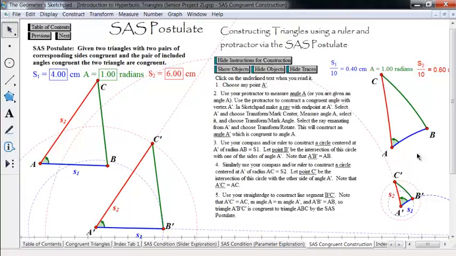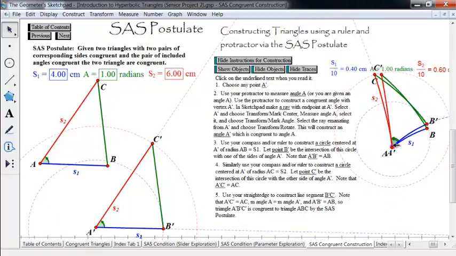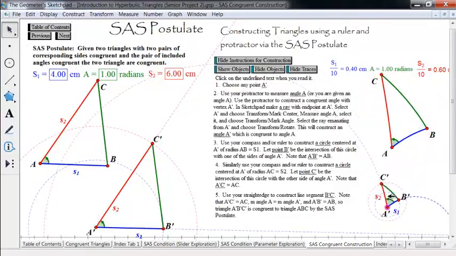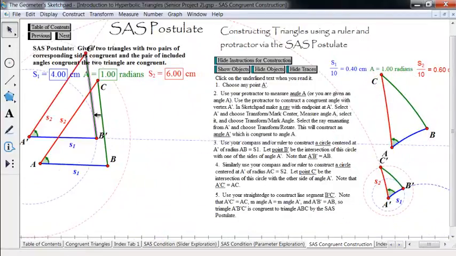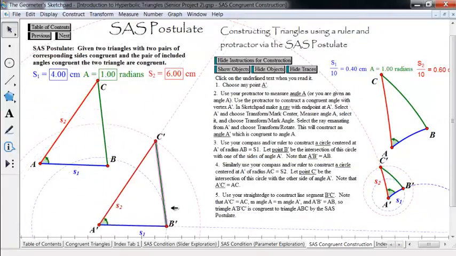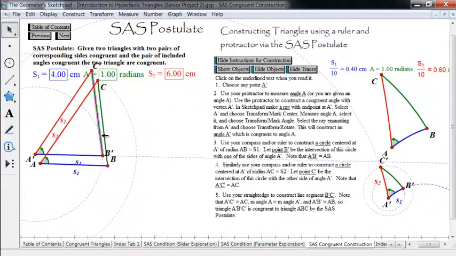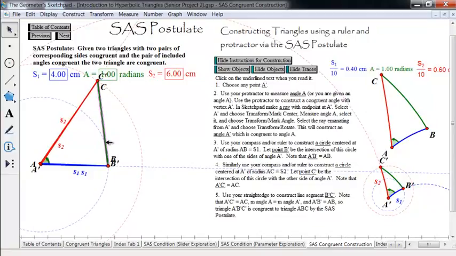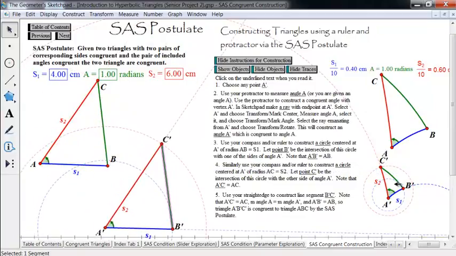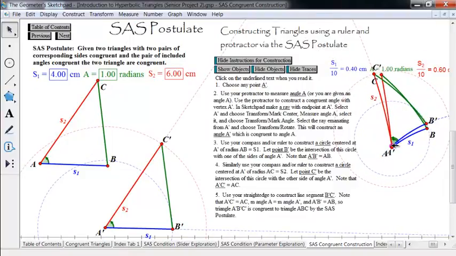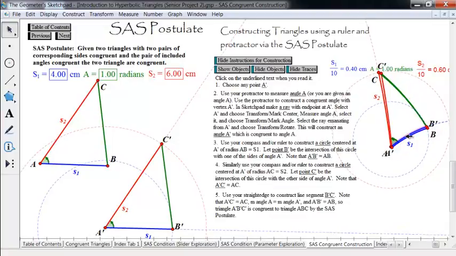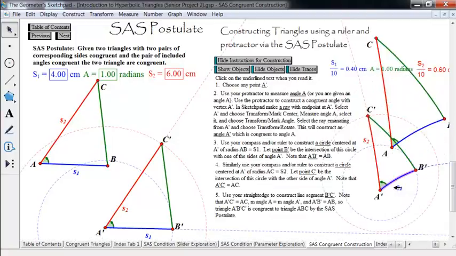Okay, and these triangles right here are congruent by the side angle side postulate. Now, you can just do a Euclidean translation over here, and you see that one lands on top of the other. You can't just cut this out and move it over in hyperbolic, but if you do a translation in the sense that we're just sliding it around here, you see that it does. If you line it up right, it does match up.